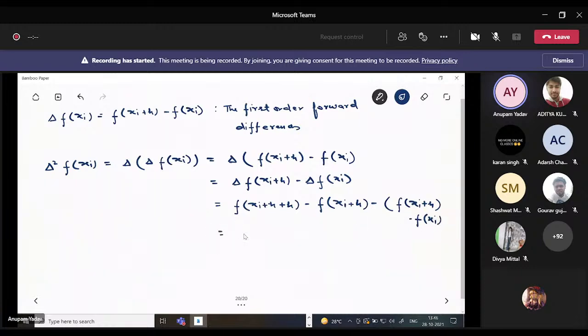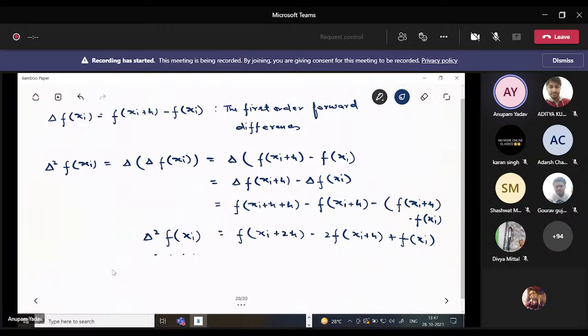So ultimately it will be f of xi plus 2h minus twice f of xi plus h plus f of xi. So this is the second order forward difference of f of xi.